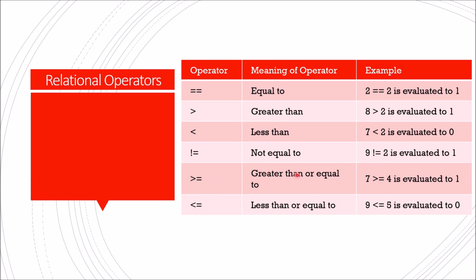Now, greater than or equal are really easy. So let's have these two examples here. 7 is greater than or equal to 4. So it is a true statement evaluated to number 1, and in this other one, 9 less than or equal to 5, it's a false statement, so it is evaluated to the value of 0, which means false.